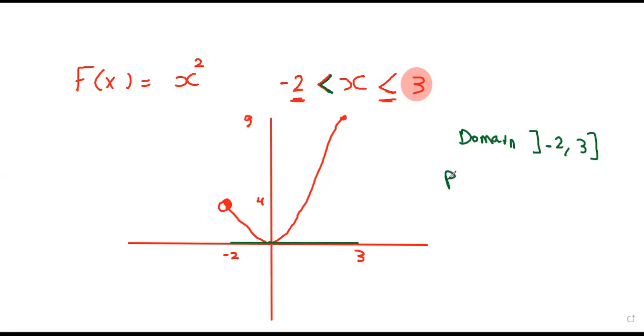What about the range? As I said many times, the range is the span of y for all values of x. So we have values starting from 0, and f of -2 is 4, and we have all values going down, and we have values up to reach 9.